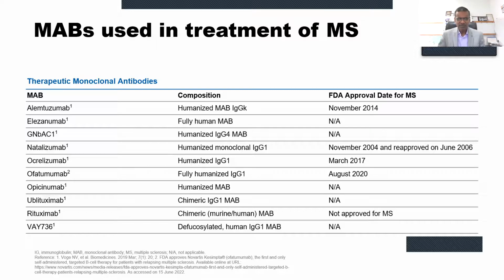It was approved about 8 years back, a humanized mAb. The third one is ofatumumab, which was approved 2 years back, and now is available in India also. One of the other commonly used mAbs is rituximab, which Sanjit mentioned. It's a chimeric that is about 65% human. It is not approved, but off-label use is very high in India and many other countries. So these are the 4 mAbs we are currently using for MS treatment.